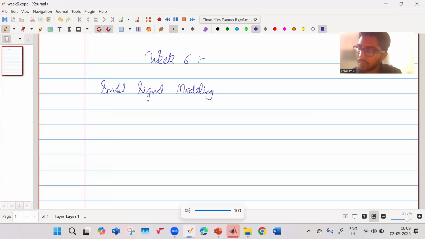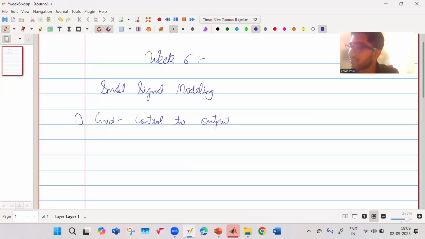GVD, that is the control to output transfer function. So this actually is V output of s by d tilde of s.